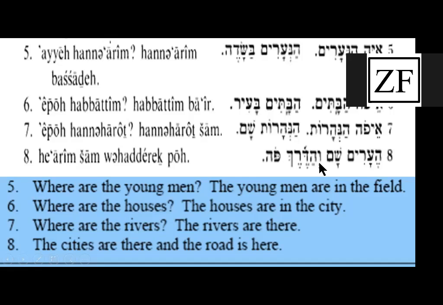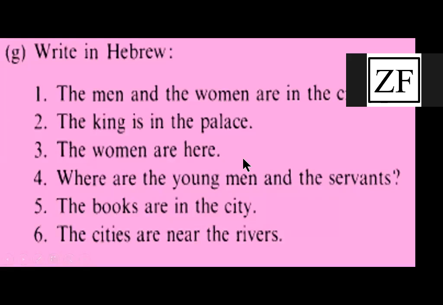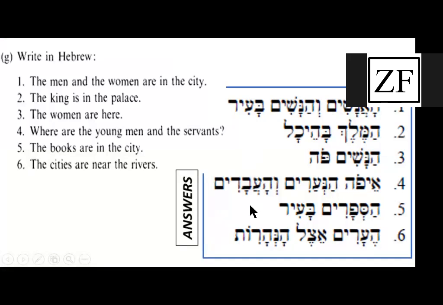The Ve means and. So and the road. Po means here. So the cities are there and the road is here. You good there? All right. So then to write in Hebrew, if you want to do those extra credit, that's great. That's what they look like.